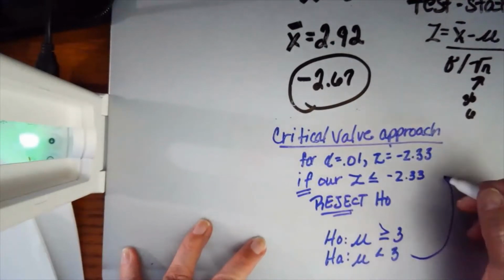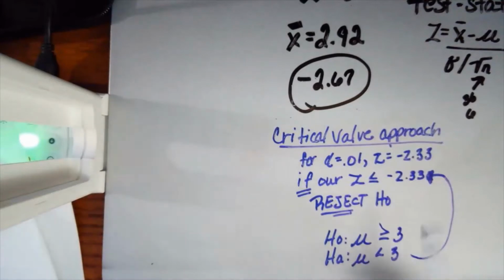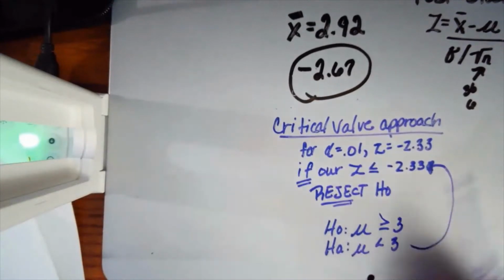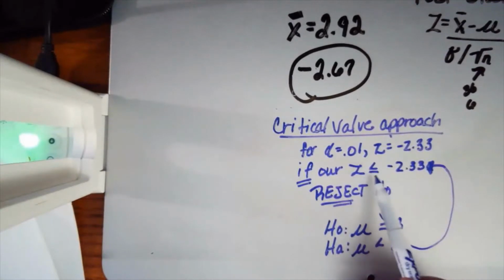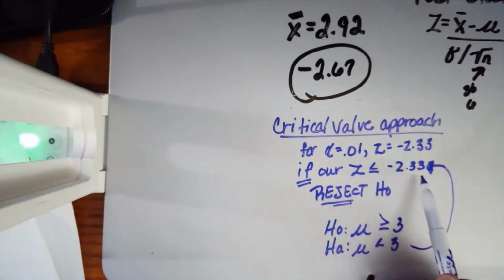Our rejection rule then is if our test statistic comes back as less than or equal to negative 2.33, then we reject the null hypothesis.